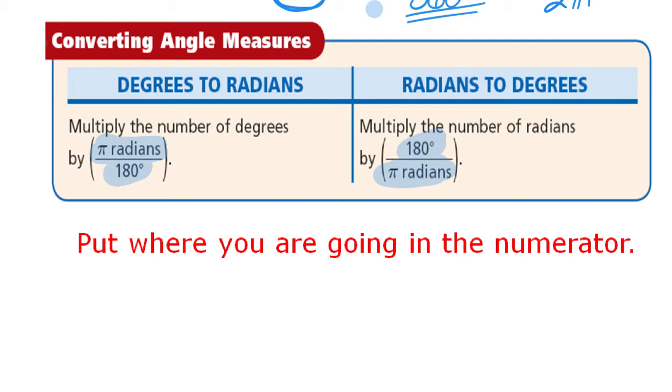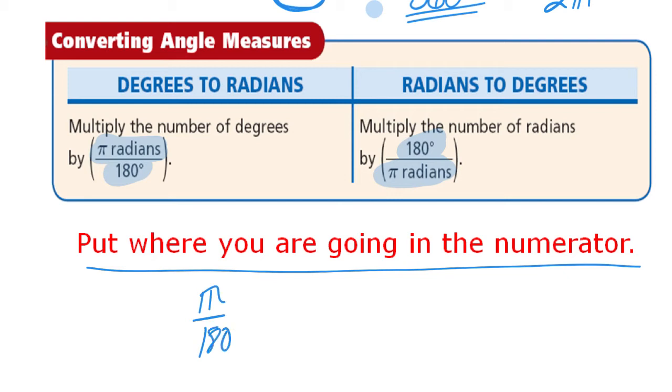So when we want to convert from one to the other, what we need to do is either multiply or divide by pi over 180, essentially. Little note I have for you, put where you're going in the numerator. So if I want to go towards pi, then I need to put pi in the numerator. If I want to move towards degrees, 180 degrees is in the numerator, pi is in the denominator.